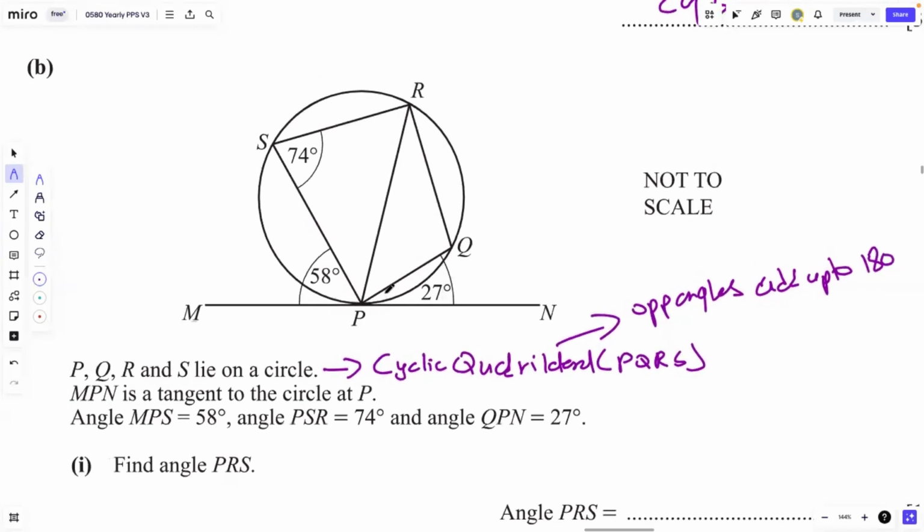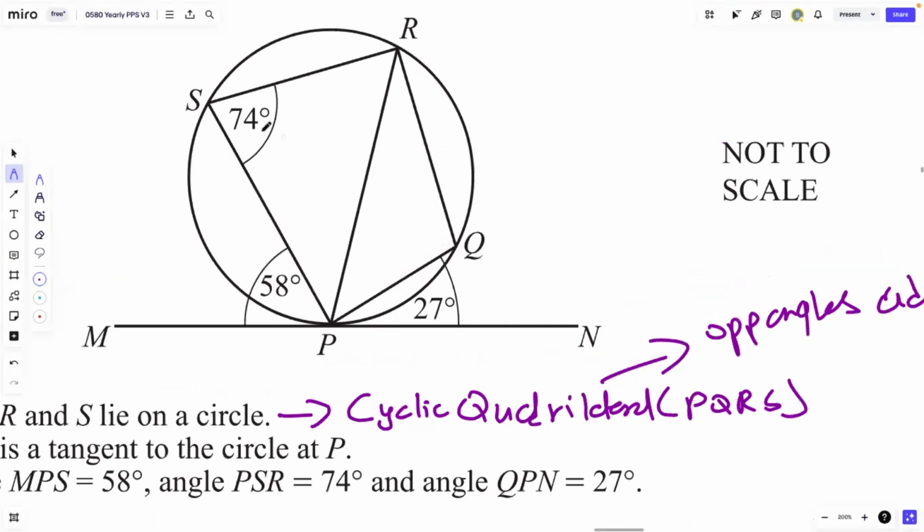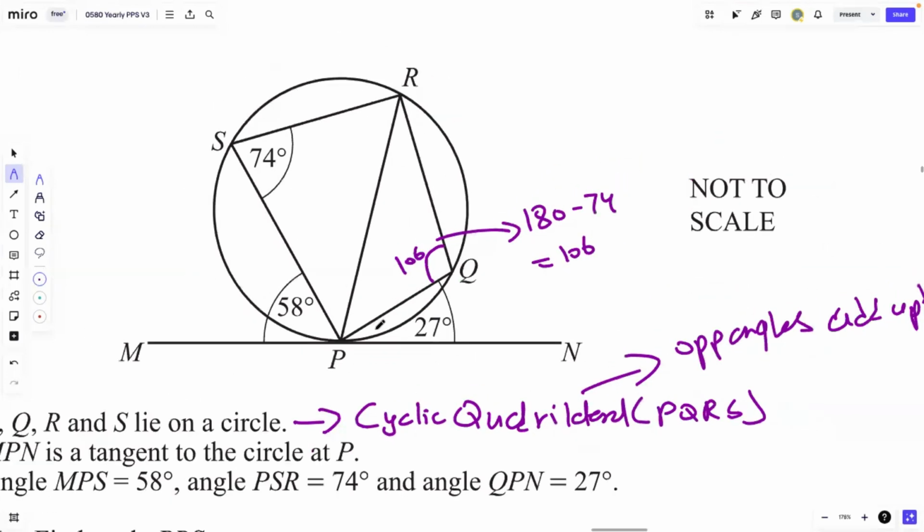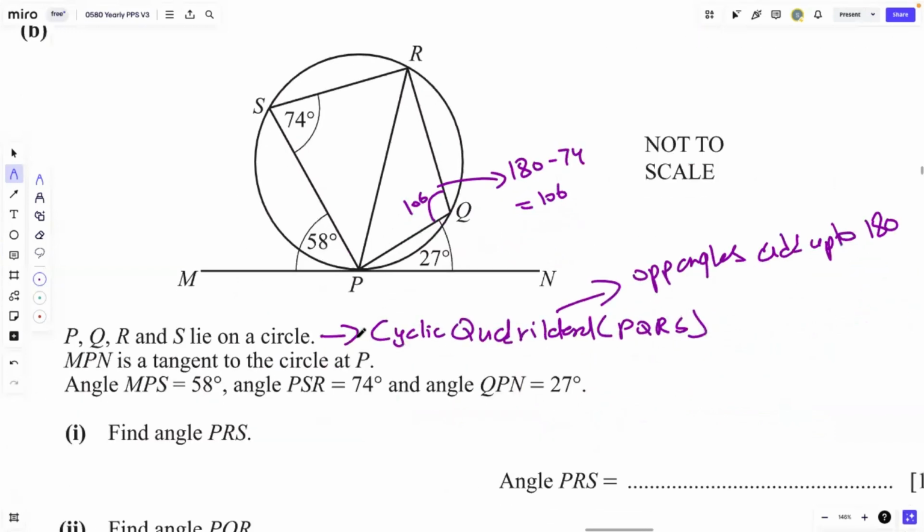So using that knowledge, without even reading further, can we figure this angle out? Since this is 74, this angle is just going to be 180 minus 74, which is 106. Just using the knowledge of cyclic quadrilaterals, I figured that out.